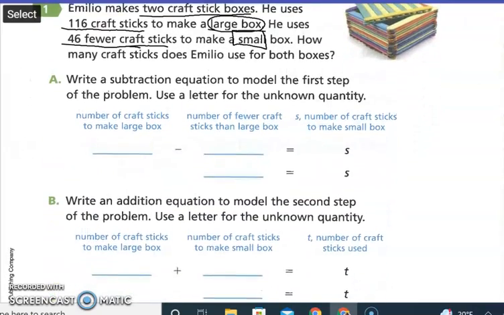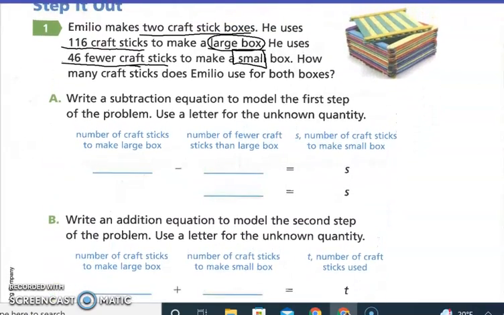It says write a subtraction equation to model the first step of the problem. So the first step is to find out how many, they already told us how many he needed for a large box, but did they tell us how many he needed for a small box? No, they just told us it was 46 fewer than the large box. So the first thing we have to do is find the small box.